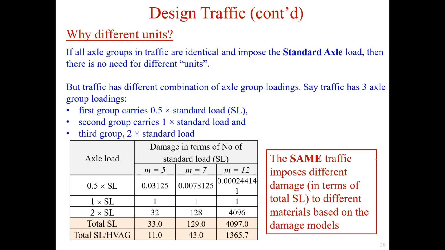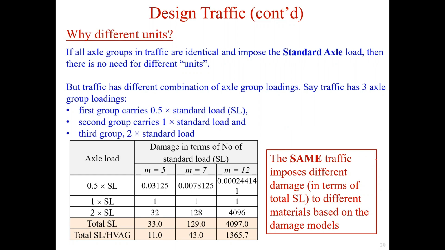Second group carries 1 standard load, and third group 2 standard load. It is obvious the same traffic imposes different damage in terms of total SL to different materials based on the damage models. So from this table, we are able to work out the total damage to different materials from these 3 different axle groups.